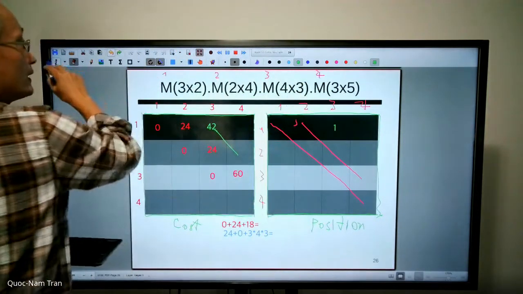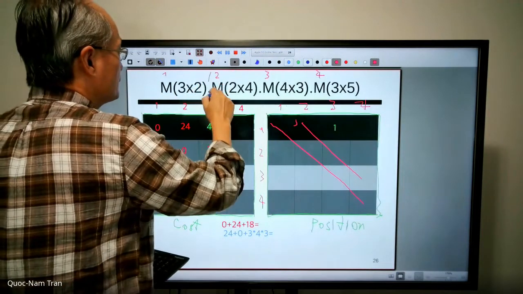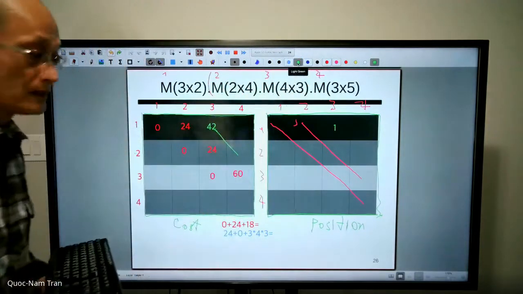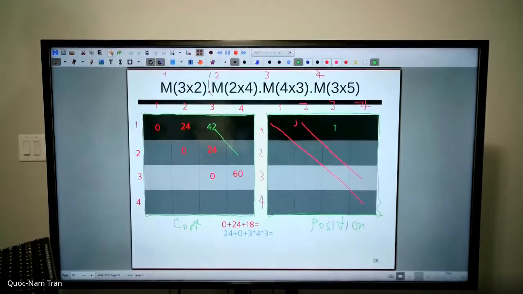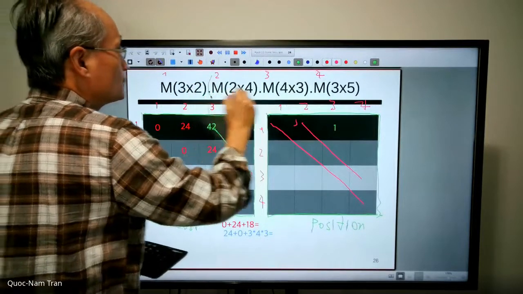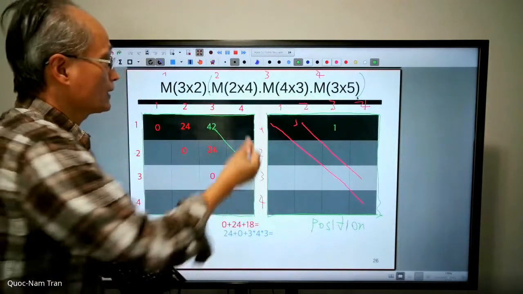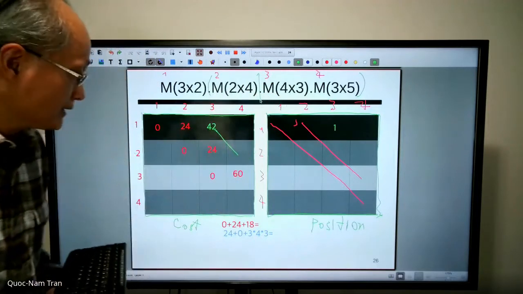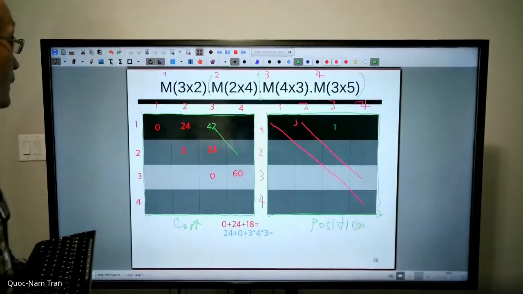Now we have 2 to 4, and again we have 2 different ways. One is breaking it here at 2. If we break it there, what would be the minimum cost for doing so?